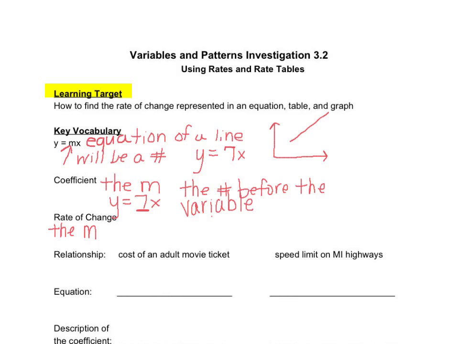But more specifically, it means the change in y values as x goes up by 1. And we'll take a look at what that looks like both in a graph and in a table.